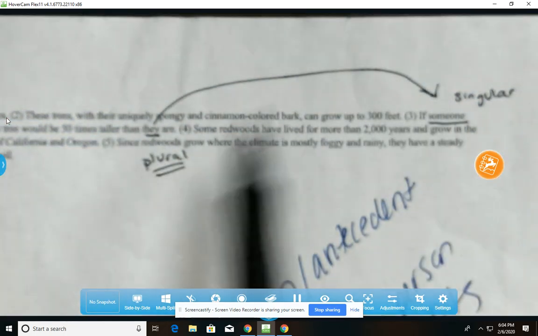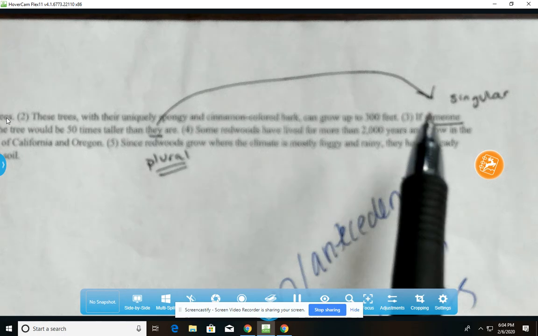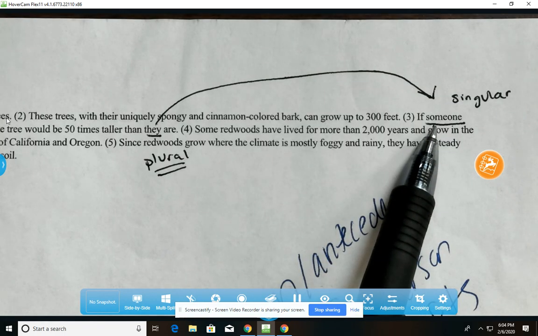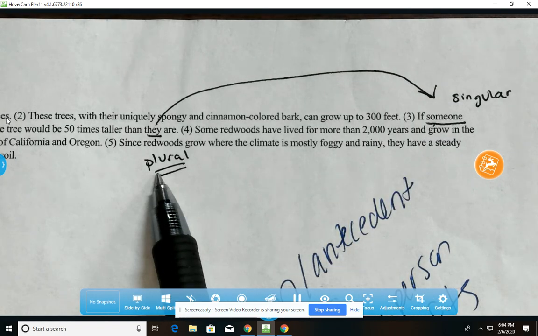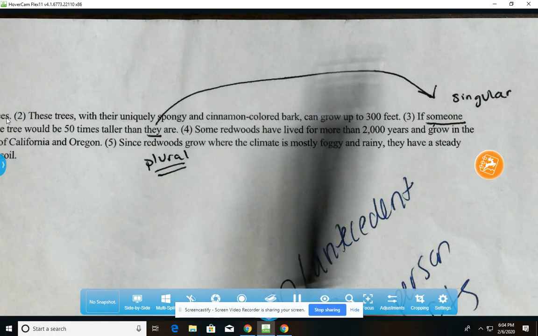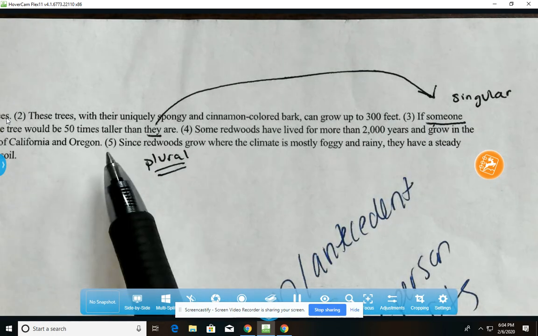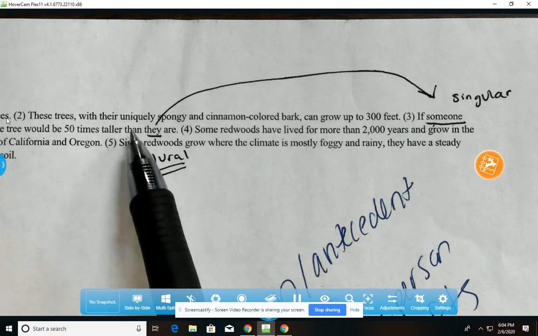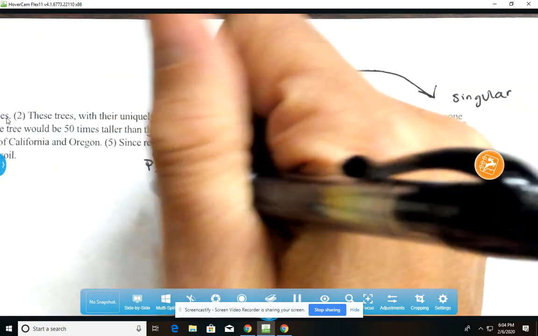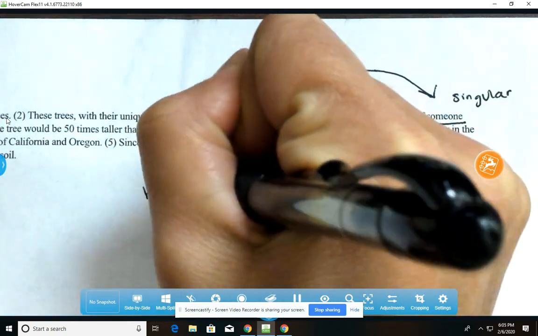So we have an inappropriate shift. We're going from a singular word someone to the plural word they. It should read taller than he or she.